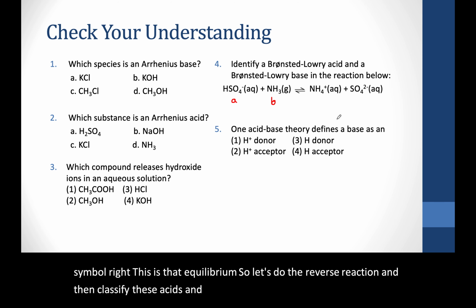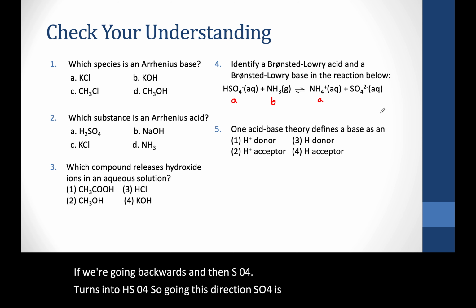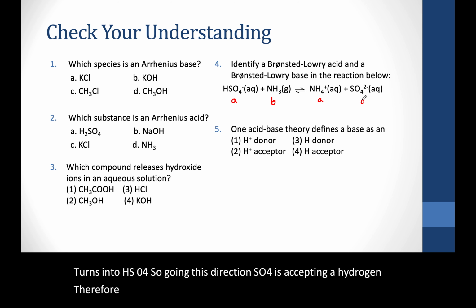But now we're going backwards. So look, NH4 plus becomes NH3. It's losing or donating a hydrogen, so NH4 plus is an acid if we're going backwards. And then SO4 turns into HSO4, so going this direction, SO4 is accepting a hydrogen, therefore it's a base, okay?